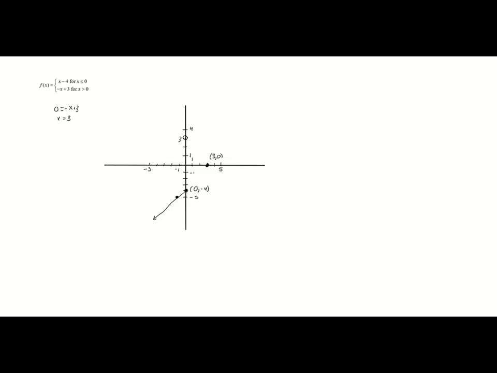This is filled in solid because it actually does exist on the graph. And now I can connect the dots. And I have the second part of my piecewise defined function with my x and y intercepts labeled.